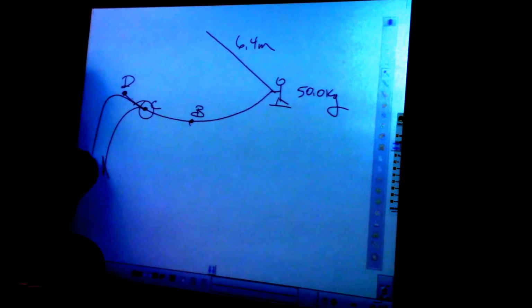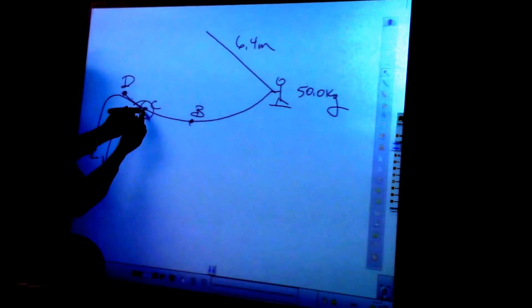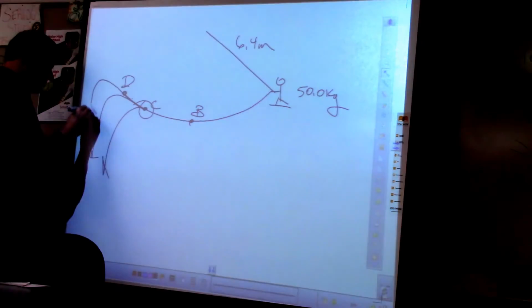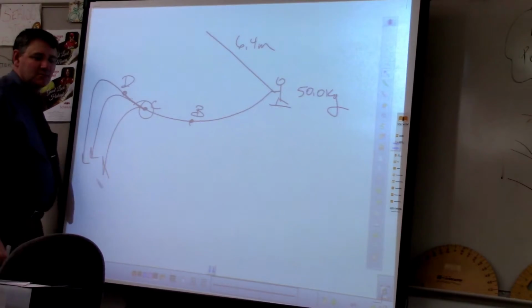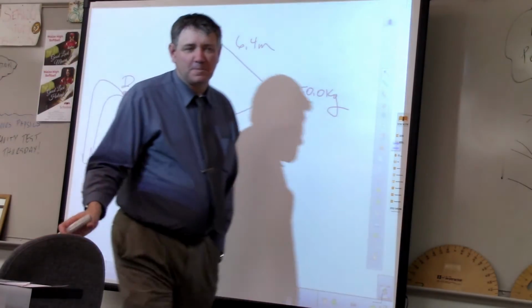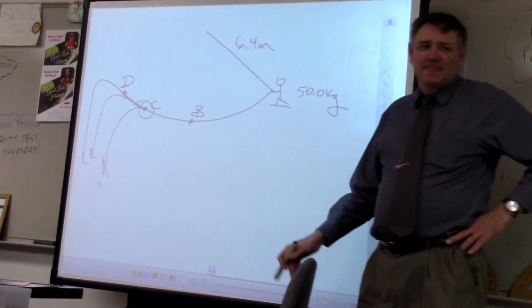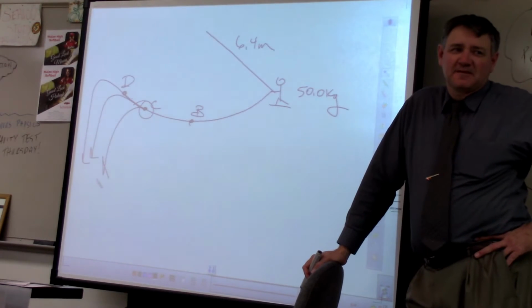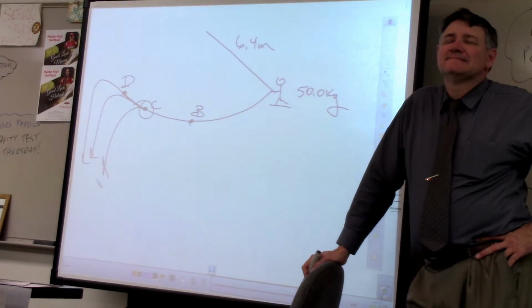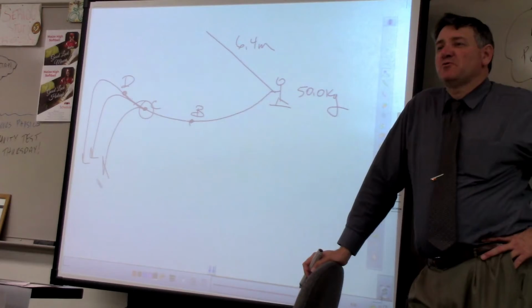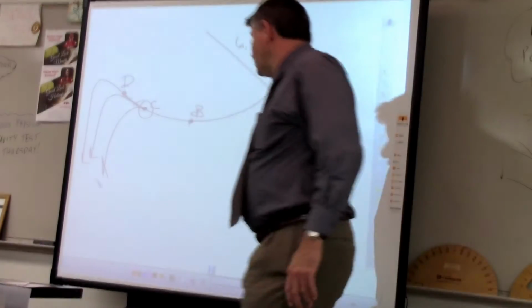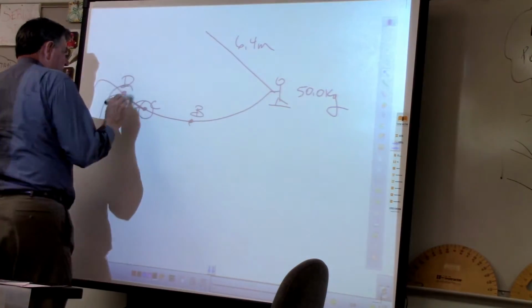Or like this? Sure. Could you have this? No. Why not? Because you don't have enough energy. You can only go up to the same point you started at. Exactly. So no matter what you draw, don't take it above D.